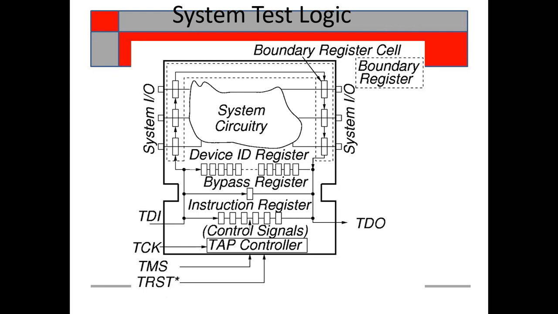The central part is the system circuitry, or that IC, which has the input and output, as well as the device ID register, bypass register, and instruction register. Then the controller which we are using is nothing but the TAP controller.